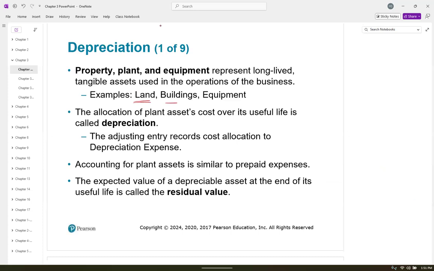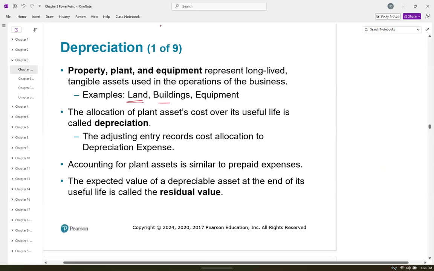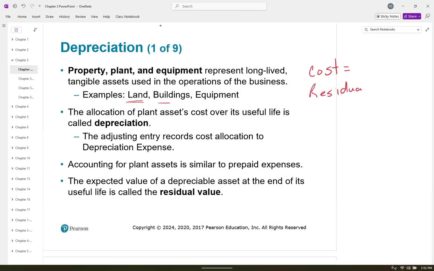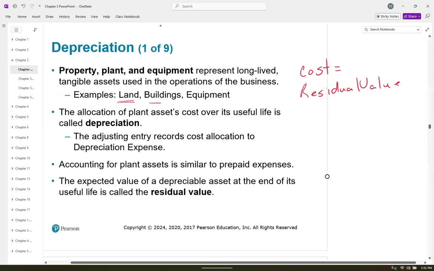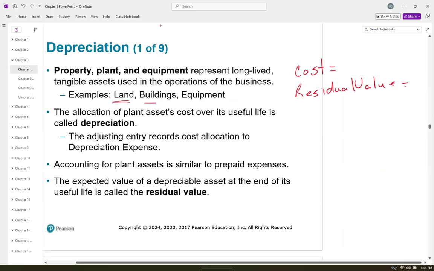There's a couple of things that go into the calculation of depreciation expense, and they are the cost of the asset. That's what we paid for it. The residual value, which can sometimes be called salvage value.